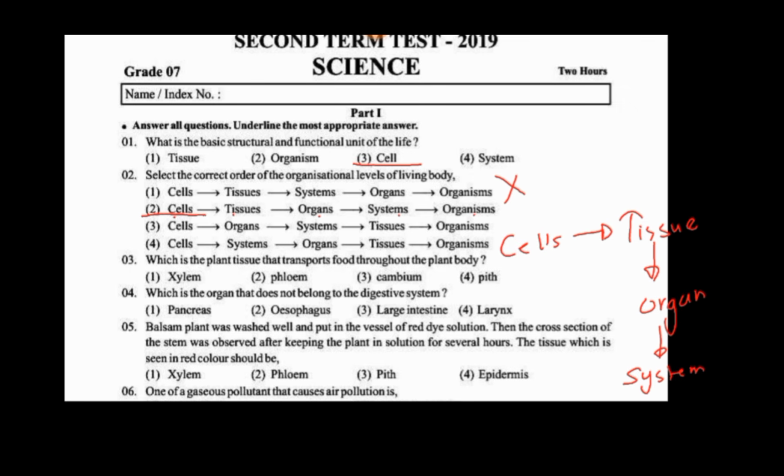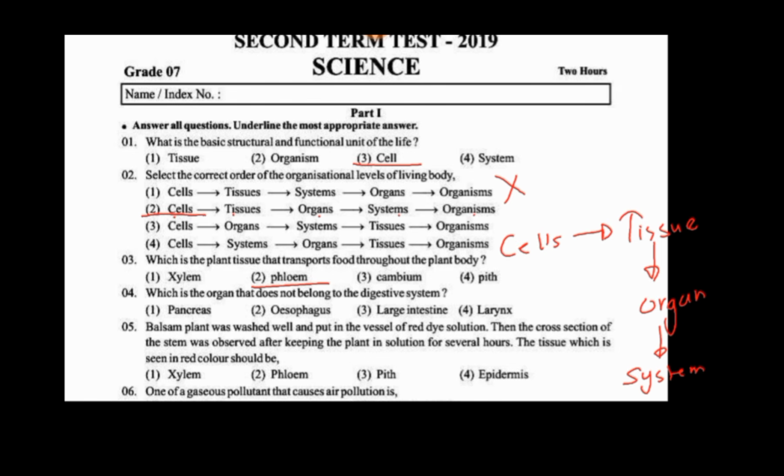And phloem tissue is located outside the xylem tissue. It transports food in the plant body. Right? In addition to the xylem and phloem, there are many other tissues in the stem. So, the tissue which transports food throughout the plant body is phloem. For the third question, the answer should be the second answer.